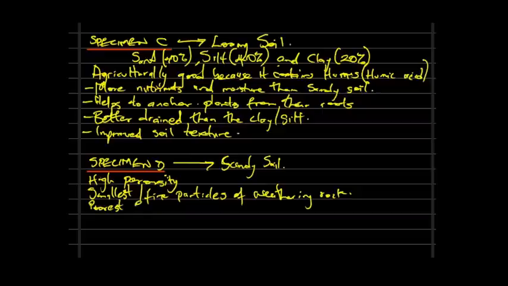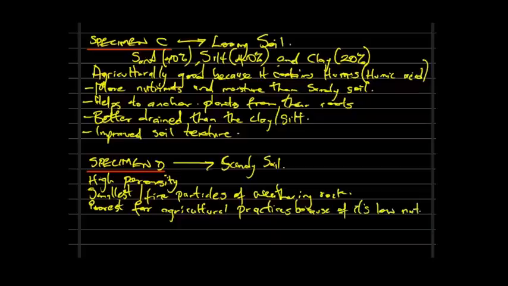Poorest for agricultural practices, because it does not permit the plant to have access to nutrients in the soil, because it has drained out all the nutrients in the soil, and that is because of its low nutritional value or soil fertility.